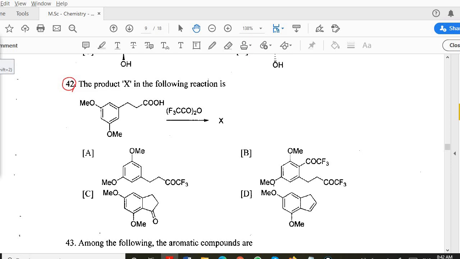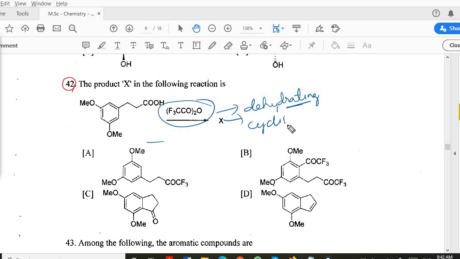One more question from the reagents part. It is trifluoroacetic anhydride which is dehydrating. Generally anhydrides are dehydrating type, and the importance of this is cyclization also. It is a cyclization and dehydrating agent. So water will be eliminated, H and OH from this.